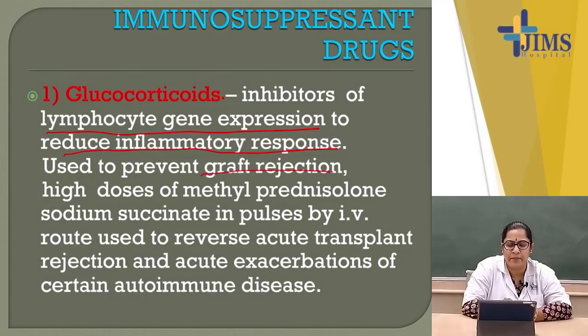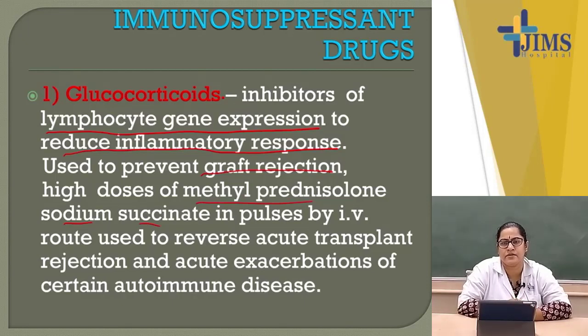A high dose of methylprednisolone sodium succinate should be given in pulses. It is given by intravenous route in pulses, used to reverse acute transplant rejection and acute exacerbations of certain autoimmune diseases.